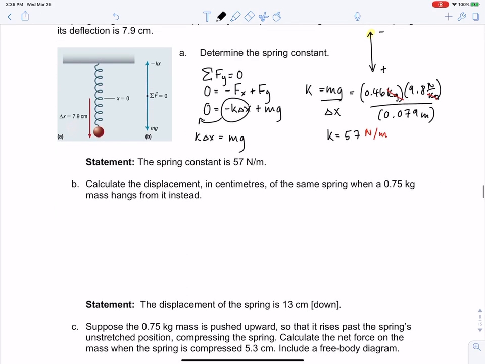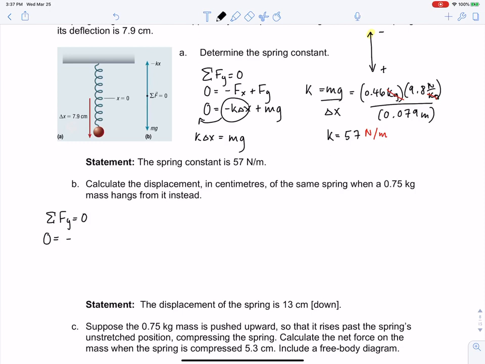Let's calculate the displacement in centimeters of the same spring when a mass of 0.75 kilograms hangs from it instead. So in this new example, the sum of the forces in the y direction is still zero.